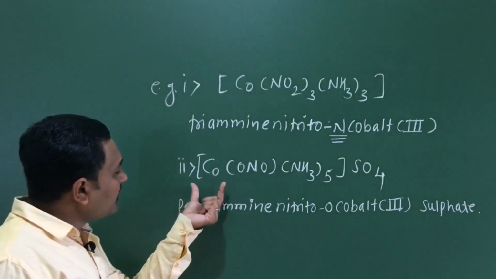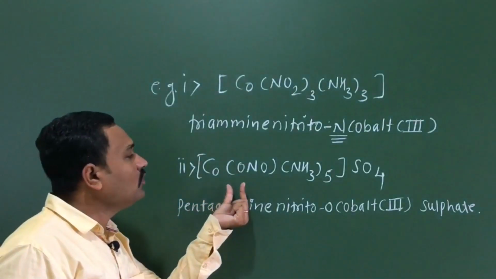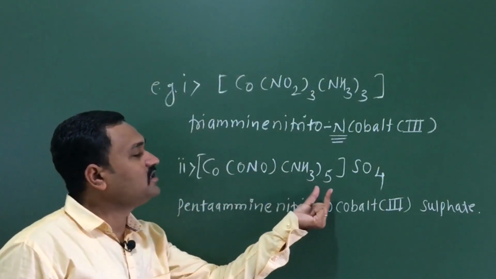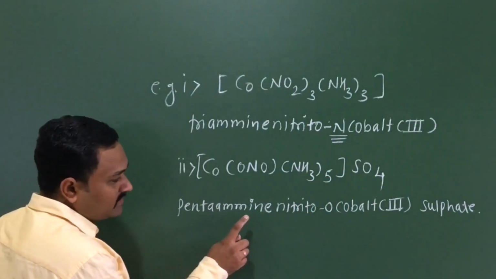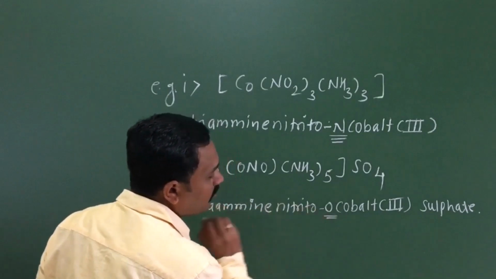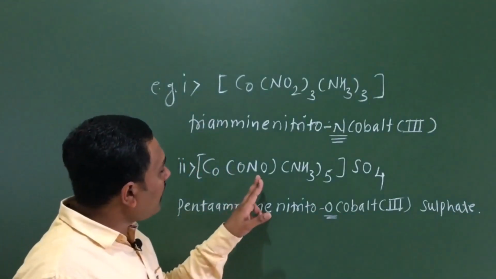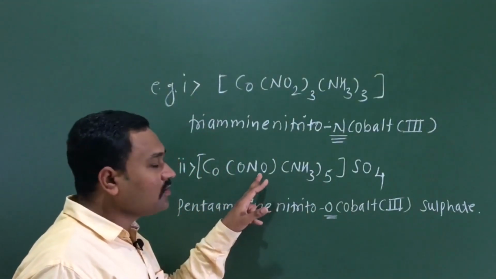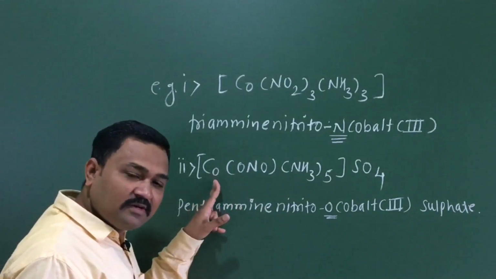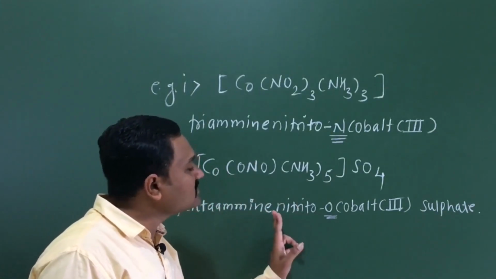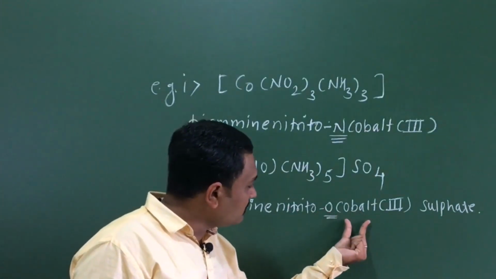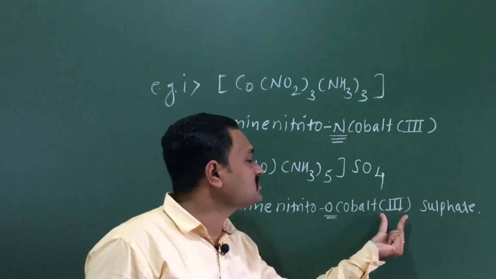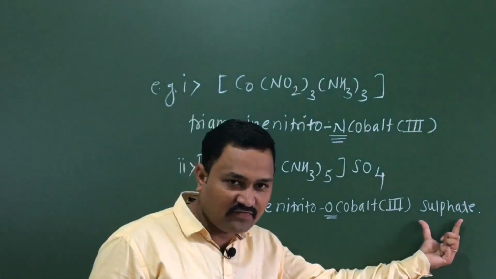Again the second example, that is [Co(ONO)(NH3)5]SO4. Here I have written its name as pentaammine nitrito-O. Actually this nitrito group is coordinated to the central cobalt metal atom through the oxygen atom, hence its name is written as nitrito-O. Then the central metal ion name, cobalt, oxidation state +3, and lastly sulfate.